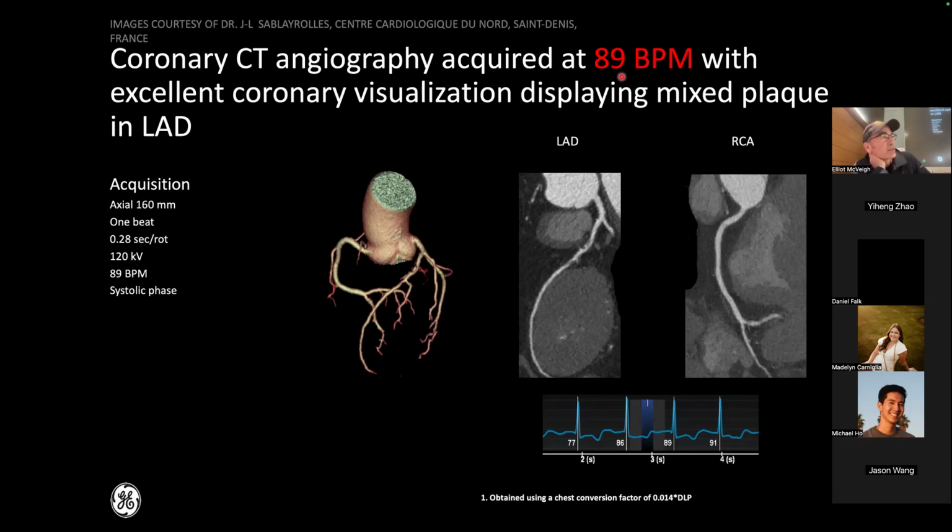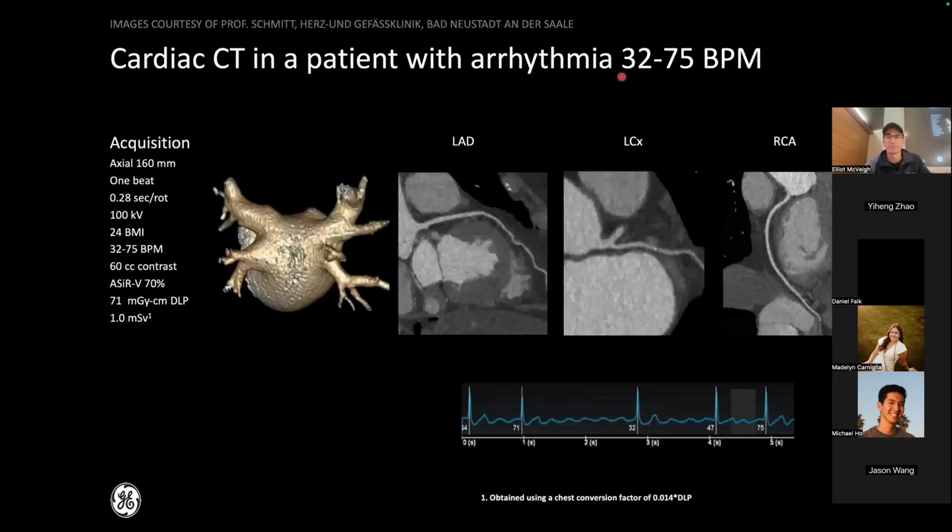And it took a long time to get the techs and the physicians to just relax about heart rate. If they had a patient like this, they would give them more and more drugs, metoprolol and stuff like that, to bring the heart rate down. But with the technology we have now, it's basically achievable to get good images even at these high heart rates.